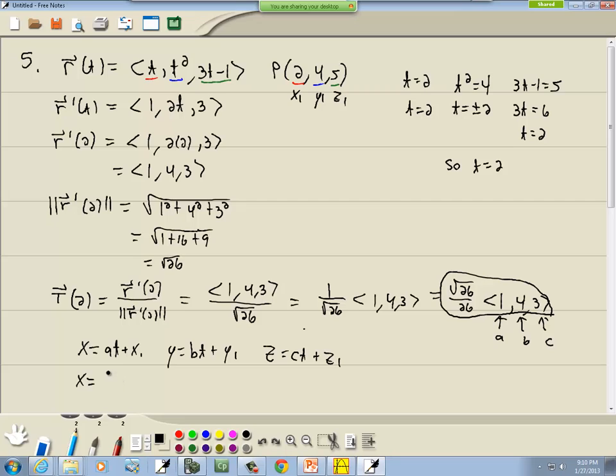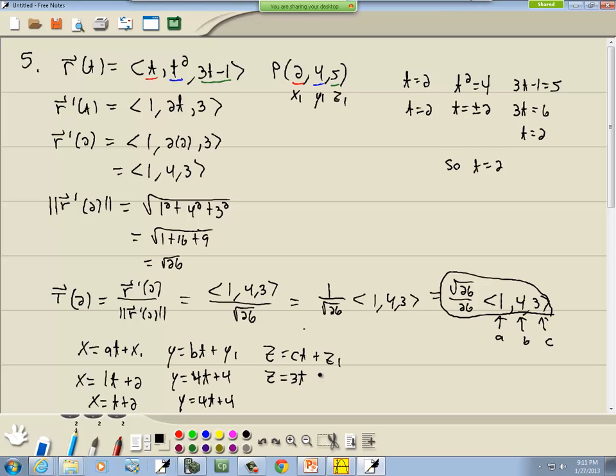A was 1, so we got 1t plus x1, which was 2. So we got x is equal to t plus 2. Here we got y is equal to b, which is 4. So we got 4t plus y1, which is 4. So that gives us y is equal to 4t plus 4. And z is equal to c, which was 3.